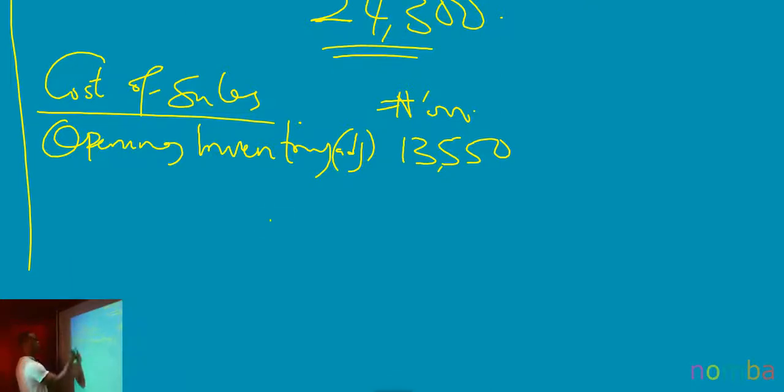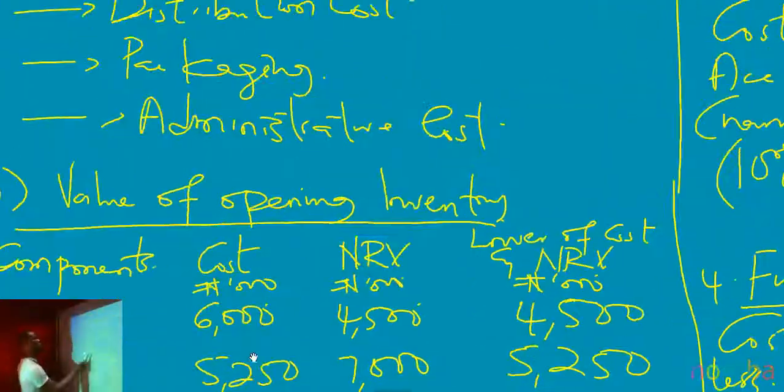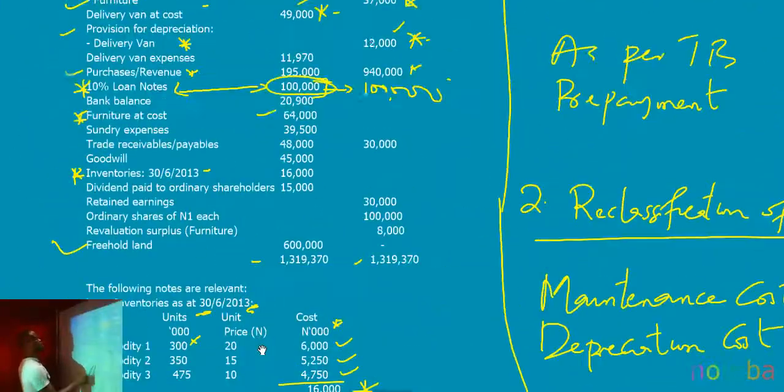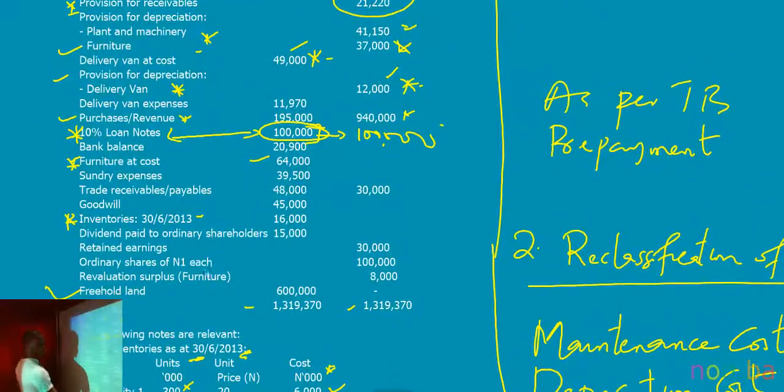To that, I will add my purchases. And my purchases was given to me in my trial balance. My purchases was 195,000.